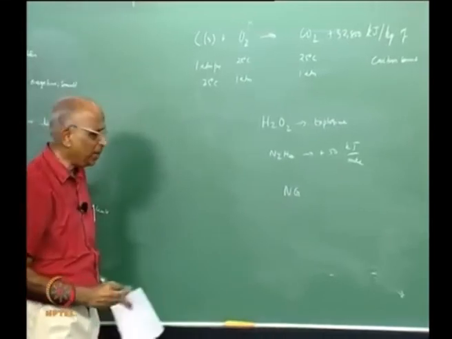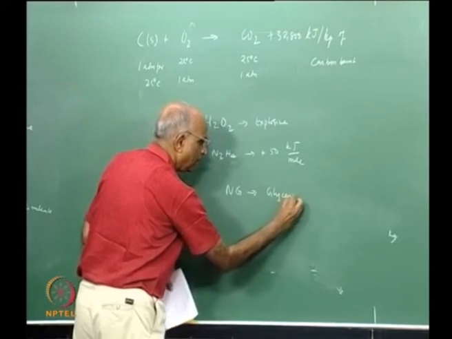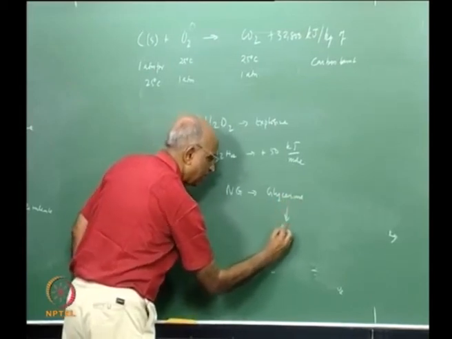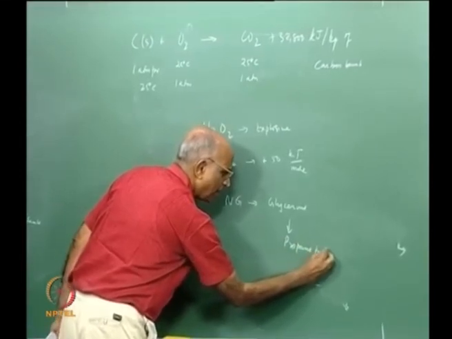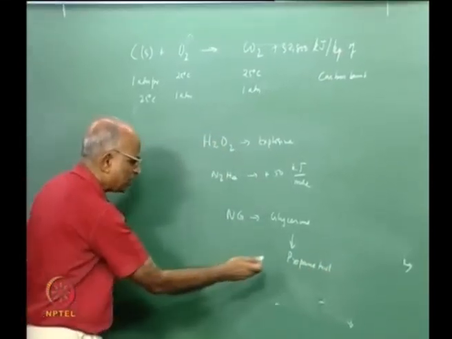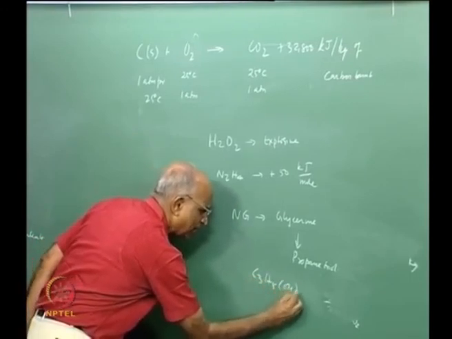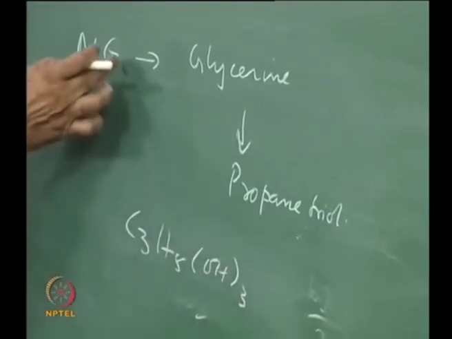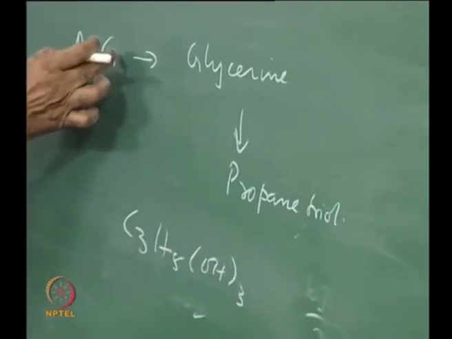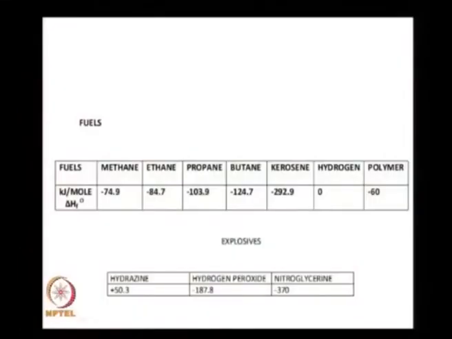What is nitroglycerine? Nitroglycerine is something like glycerine, and glycerine is something like propane triol, and propane triol means I am looking at C3H5(OH)3, in which I replace OH by something like ONO2, it gives me nitroglycerine, and this again gives a heat of formation which is given as minus 370.